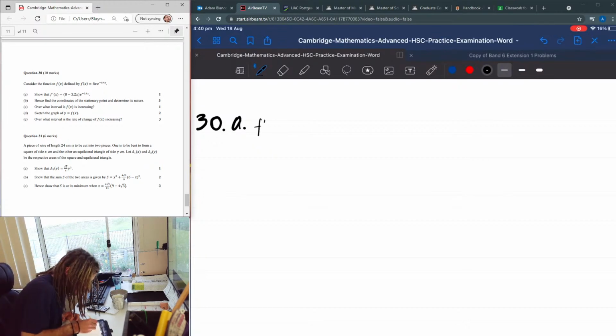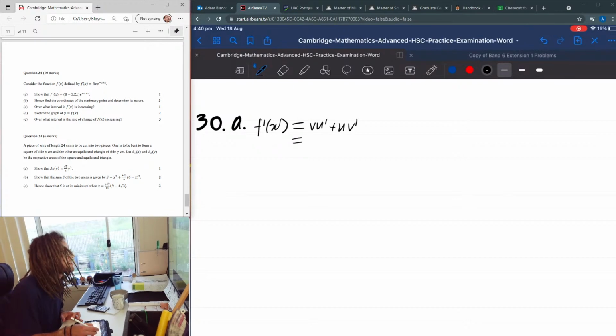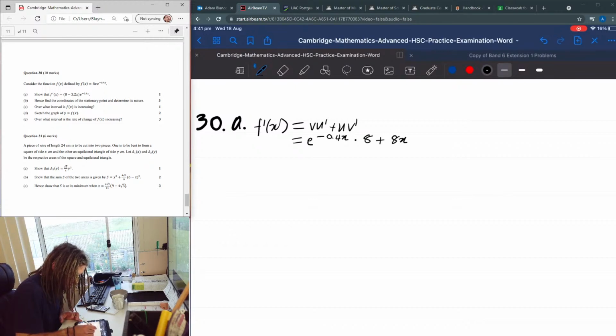So f dash x is going to be v u dash plus u v dash. V is the second thing, e to the negative 0.4x. U dash is going to be 8, plus, now u is that 8x, times v dash, so that's the negative 0.4 e to the 0.4x.